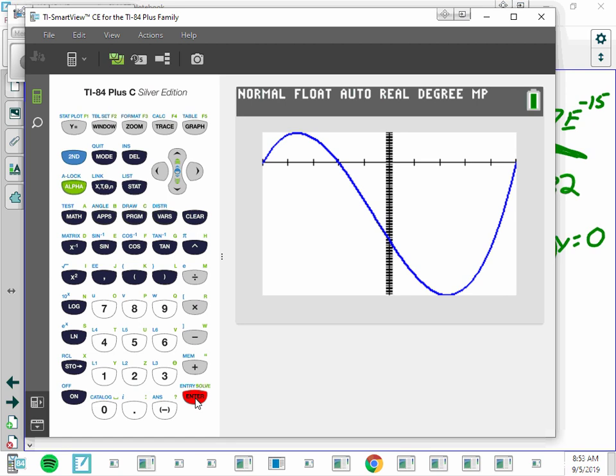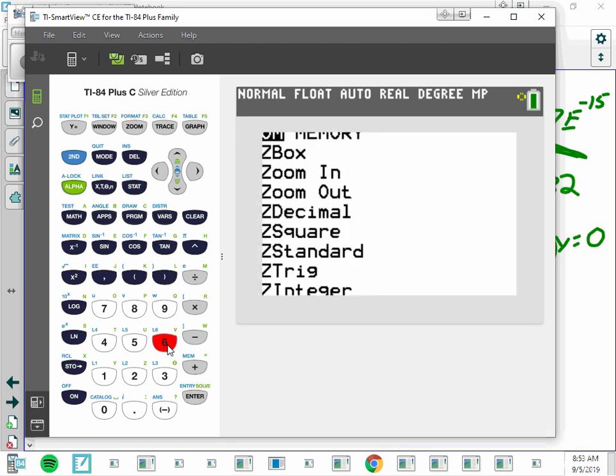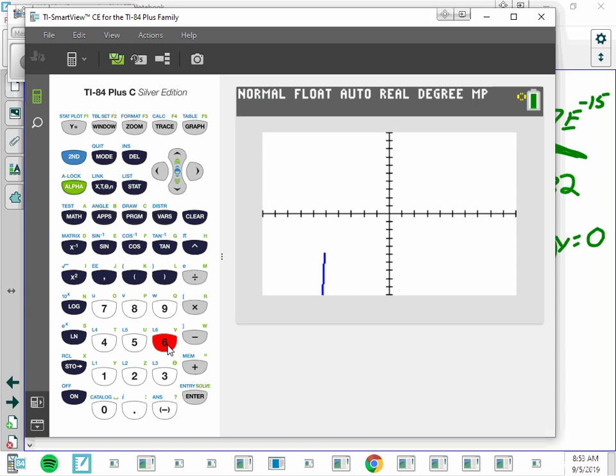Okay? It will make that window as small as possible to still capture all the points in that graph. Okay? How do I get back to the normal window? Zoom 6. Okay?